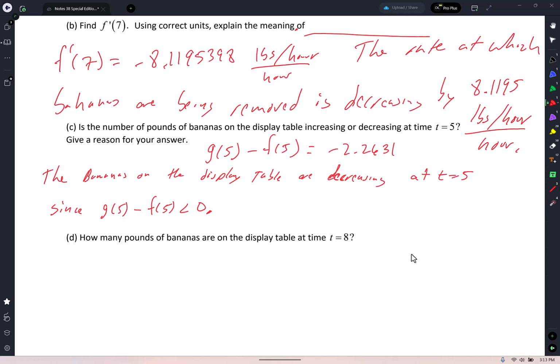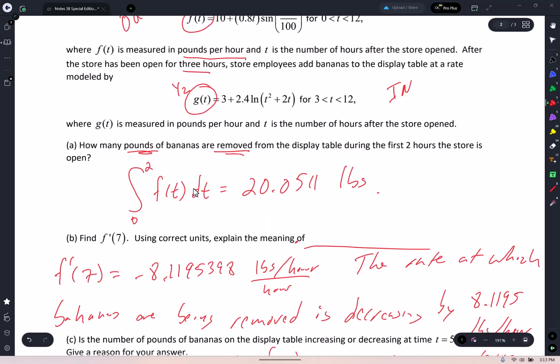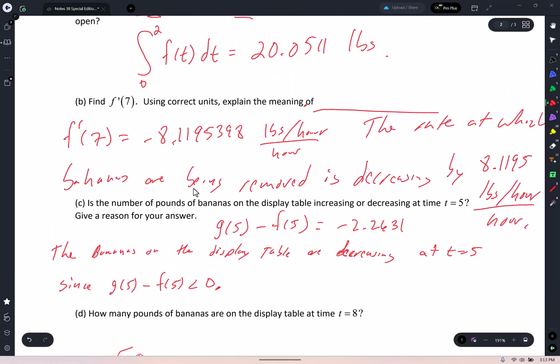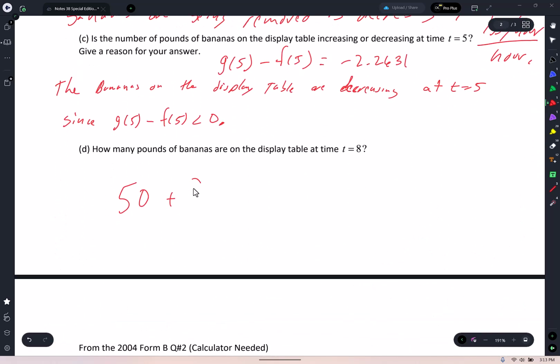All right, last one. How many pounds of bananas are on the display table at t equals 8? Okay, so the amount of bananas on the display table is the initial amount. What was the initial amount? 50, so put 50. Plus how many I've been adding. The g of t, so I have to go integral of g of t from what to what?